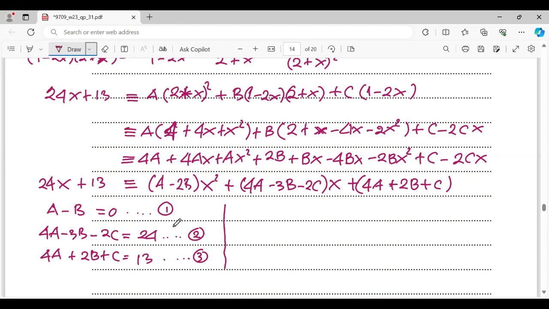I'm going to find first through equation 2 and equation 3. 4a minus 3b minus 2c equals 24. 4a plus 2b plus c equals 13.